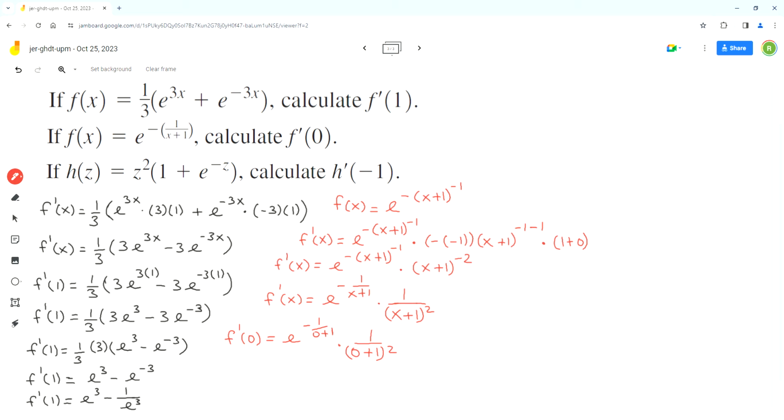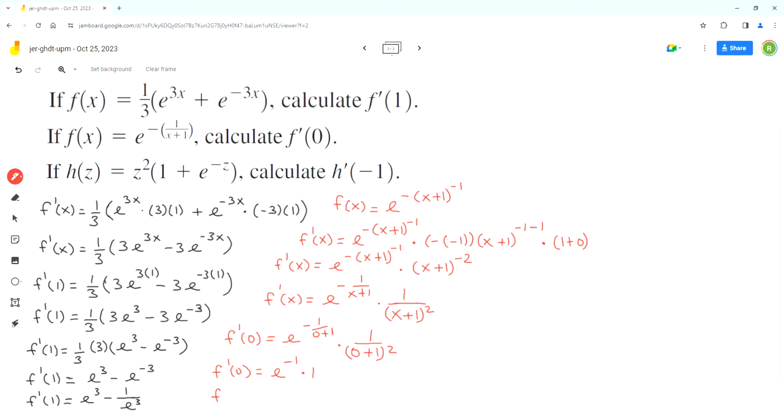Now we can simplify this expression. So f prime at 0. In the first term, in the exponent and the denominator, 0 plus 1 is 1 and negative 1 over 1 will be just negative 1, times. Now in the denominator, 0 plus 1 is 1 and 1 squared is 1 and 1 over 1 will just be 1.